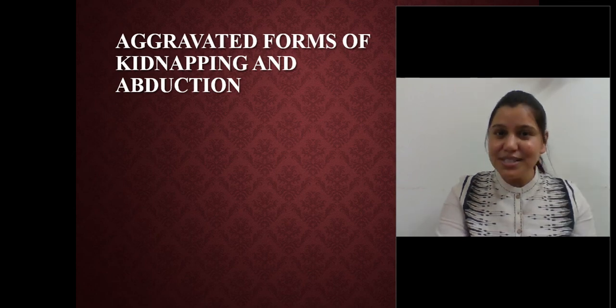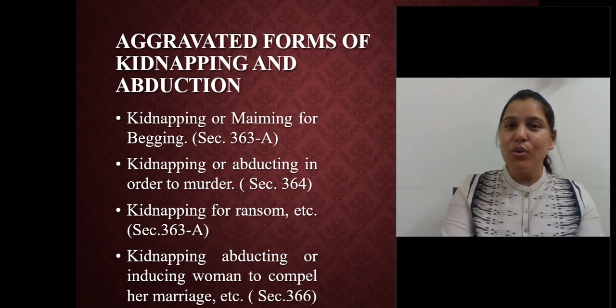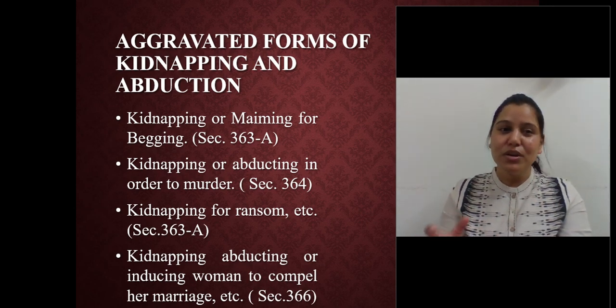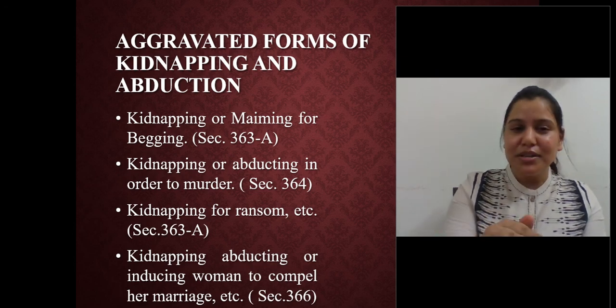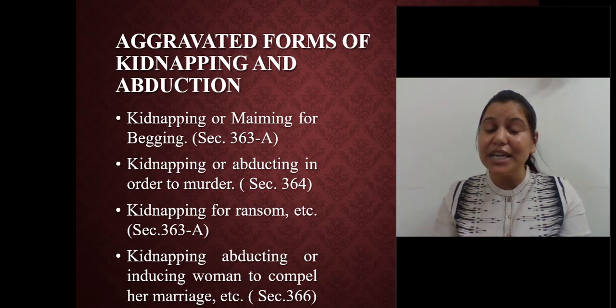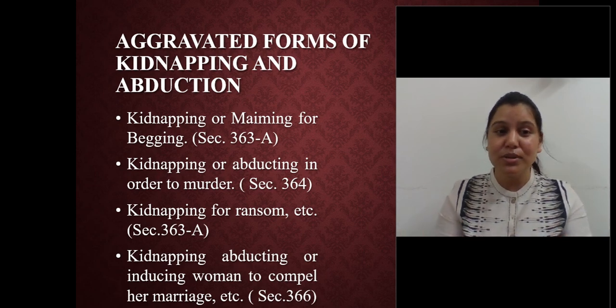Now, these are the listed ones. These are the combined offenses which make abduction punishable. The first one is kidnapping or maiming for begging. That is relevant to, of course, kidnapping. The second one, kidnapping or abducting in order to murder. If somebody does so in order to murder, that is punishable. Kidnapping for ransom, that is punishable.